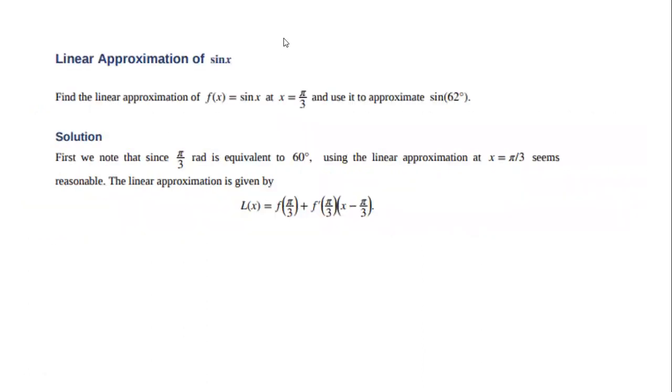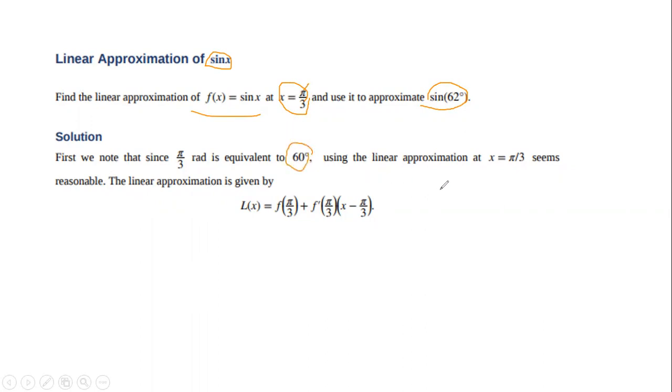Now the next question is the linear approximation of sin x. We have to find the linear approximation of sin x at x equals pi upon 3 and approximate sin 62. Pi upon 3 is 180 divided by 3, which is 60 degrees.